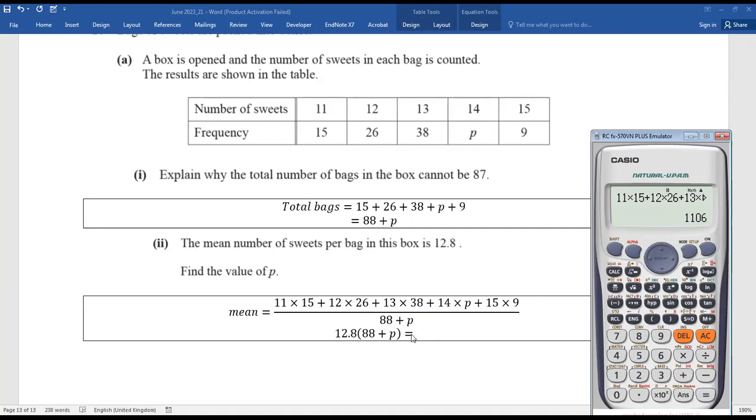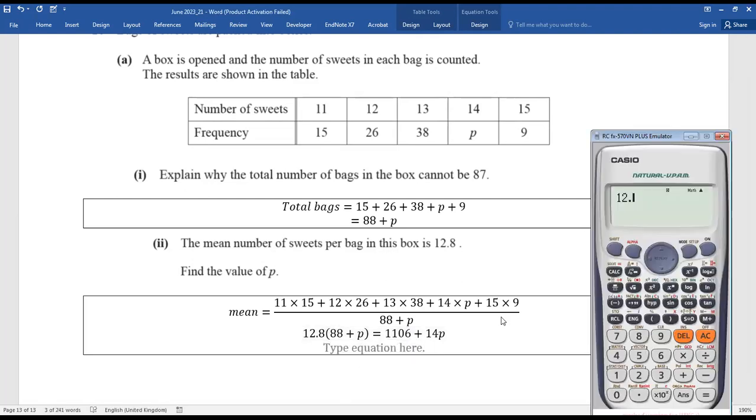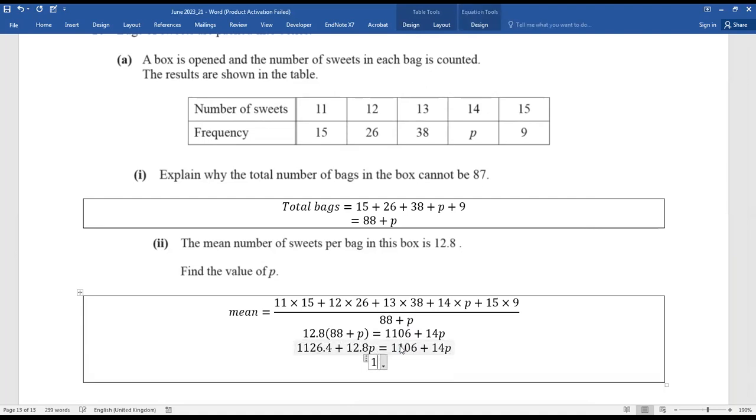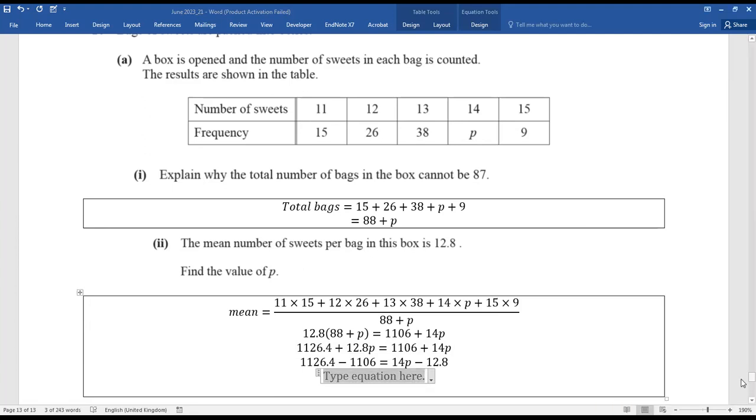This is 1106 plus 14P. So 12.8 will multiply by 88, which is 1126.4. 1126.4 plus 12.8P is equal to 1106 plus 14P. 1126.4 minus 1106 equals 14P minus 12.8P. So 1126.4 minus 1106, that is 20.4.